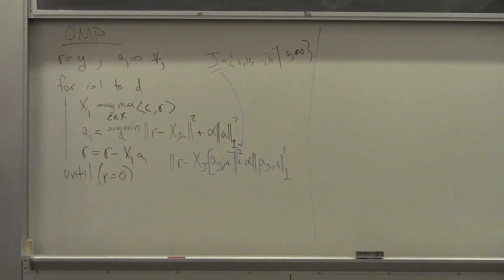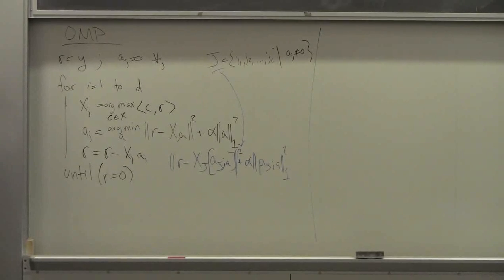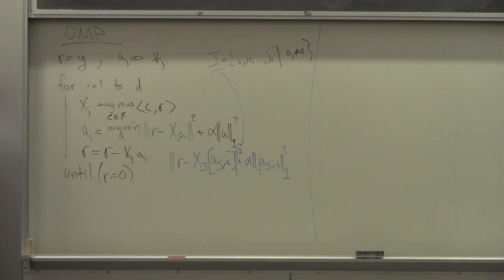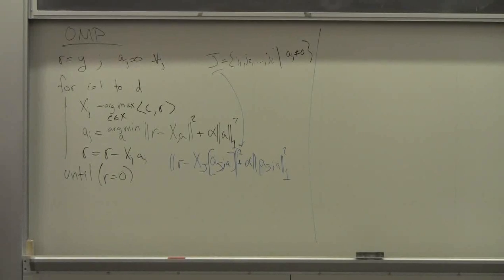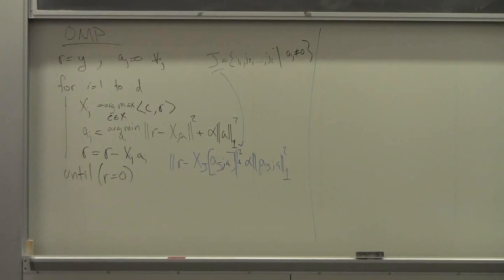If beta is set to infinity, then this ball will include the entire space, and I can return the least squares solution. And the least squares solution is going to be dense.